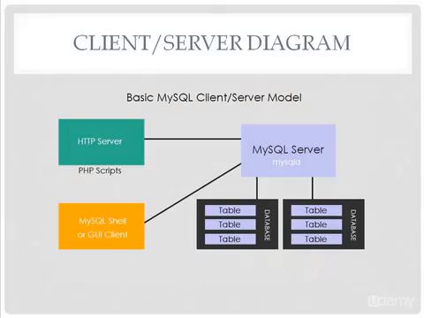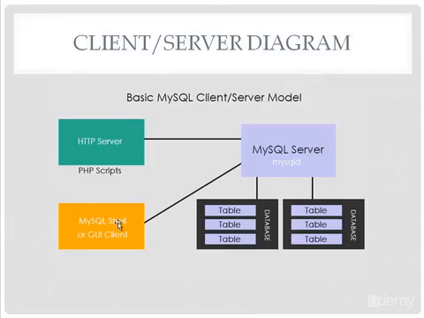And here is a quick diagram that I created just to give you an idea of how the client and servers are set up. So here we have the main MySQL server, which is called mysqld, and this can have multiple databases we can create on this server. And in the databases, obviously we have our data, which is put in tables. Inside the tables we have rows and columns, and then over here we have our GUI client or our MySQL shell, so the command line.